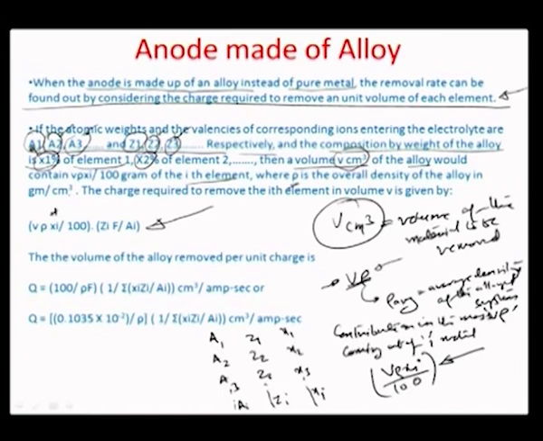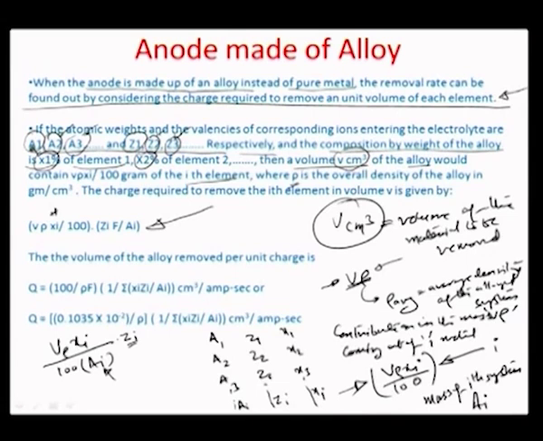And that is so because of the fact that if this were the mass of the ith system, so the amount of moles which are there in this mass, assuming Ai to be the atomic weight of this particular system, would be given by V rho xi by 100 times Ai, and so many moles need to be removed, meaning thereby that these are at Zi valency state, meaning thereby the amount of charge that would be needed to be removed is so many moles times of the valency state.